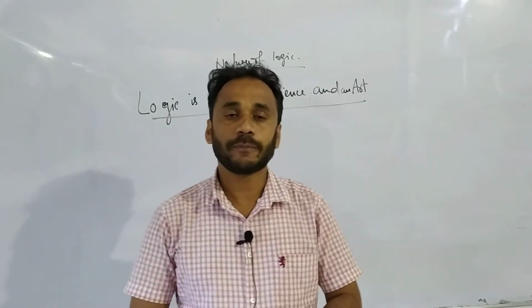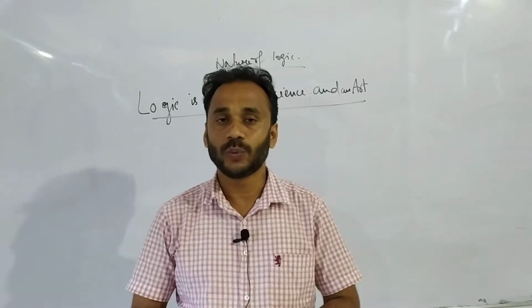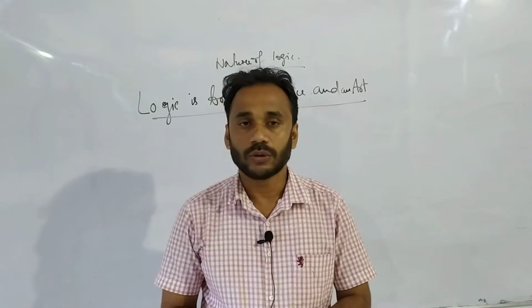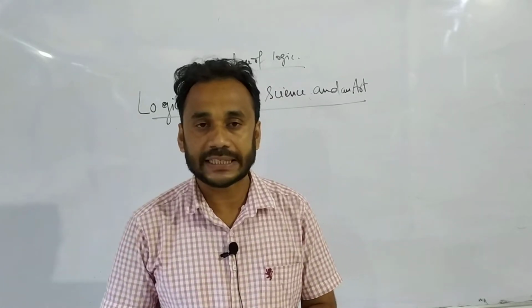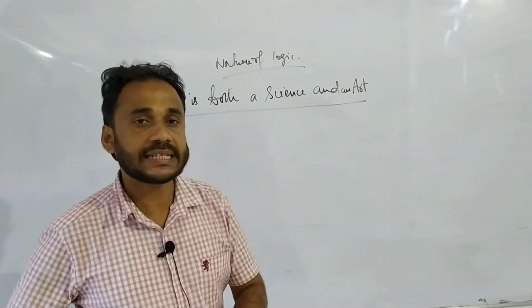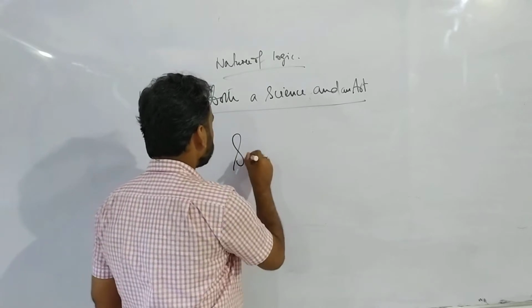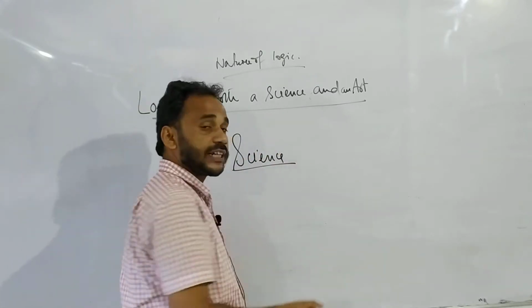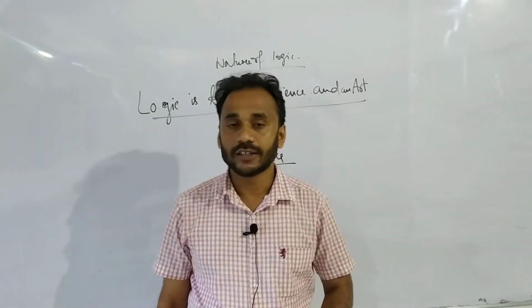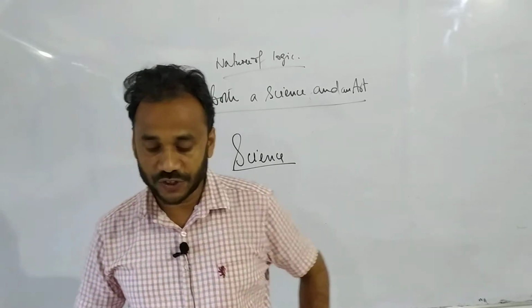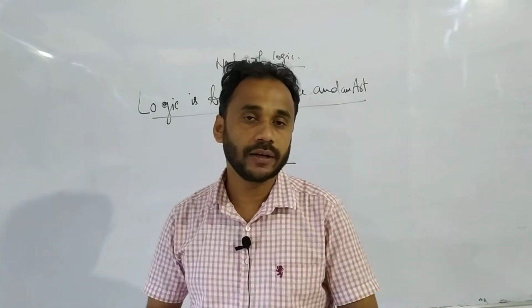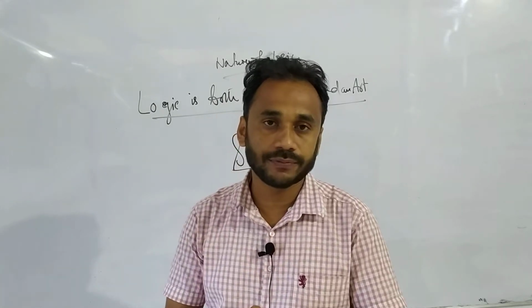First of all, we will try to know what is science, and what is an art. First of all, what is science? We have already studied in the previous lecture that a science is a systematic body of knowledge relating to a particular department of knowledge.